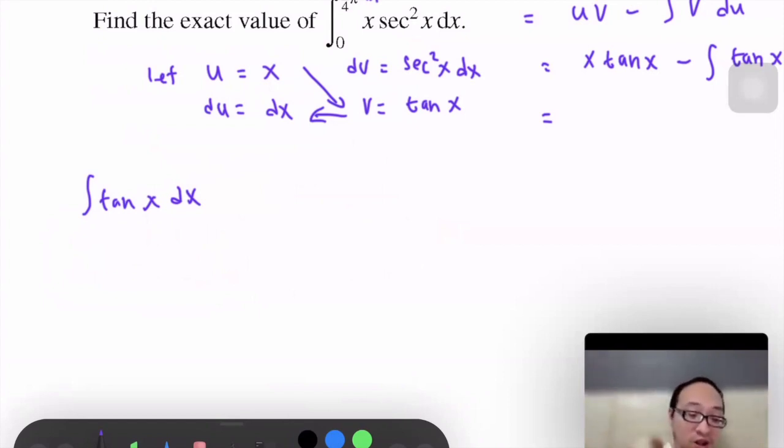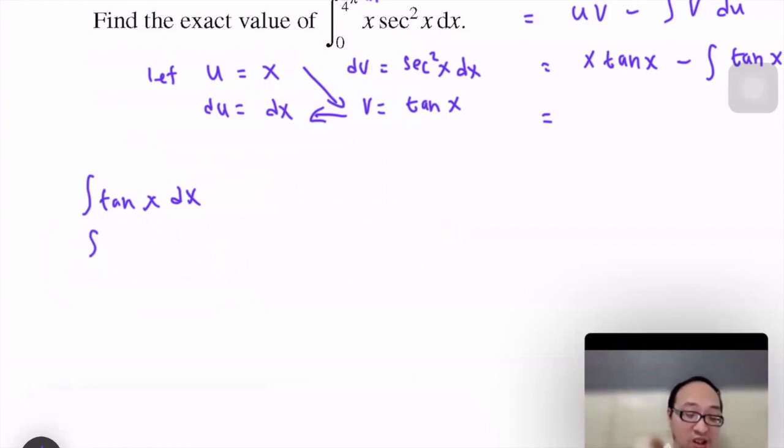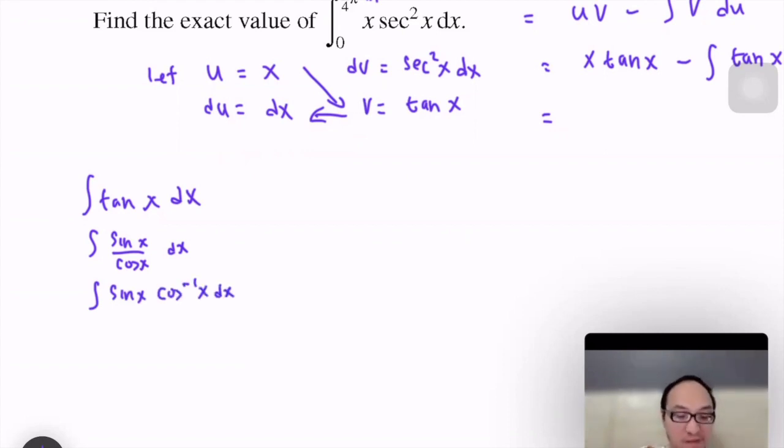Now we know that tangent is sine x over cos x. So we have the integral of sine x over cos x dx. We can use substitution. Let u be cos x, and du is negative sin x dx.